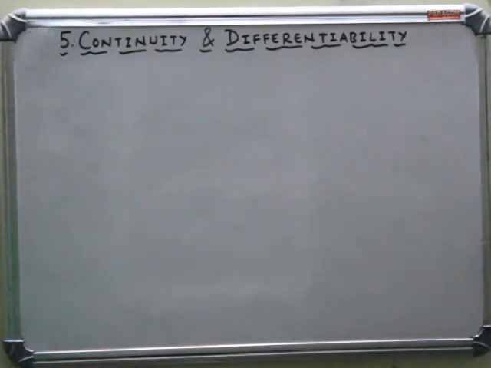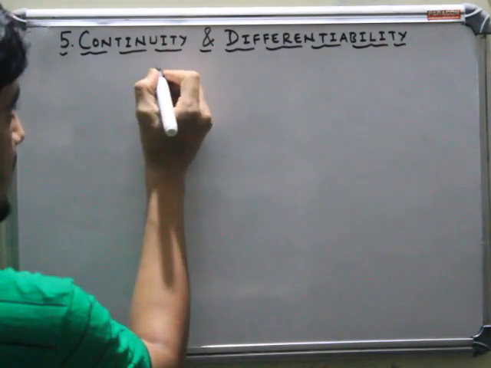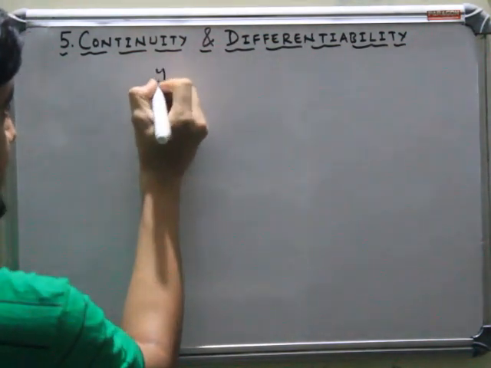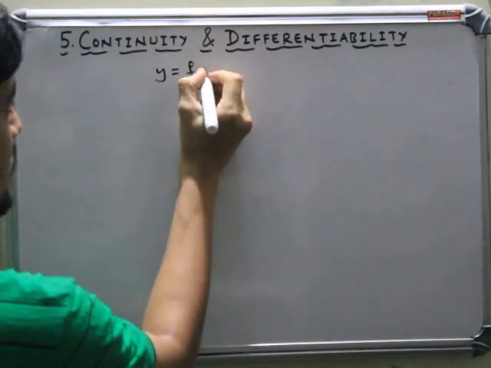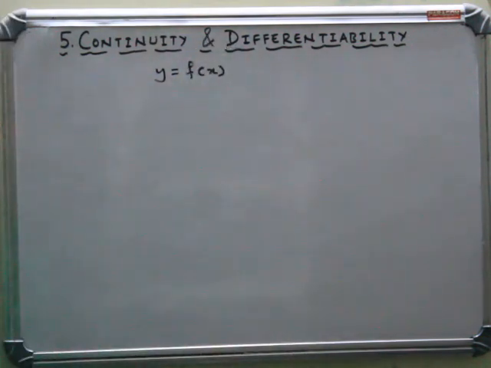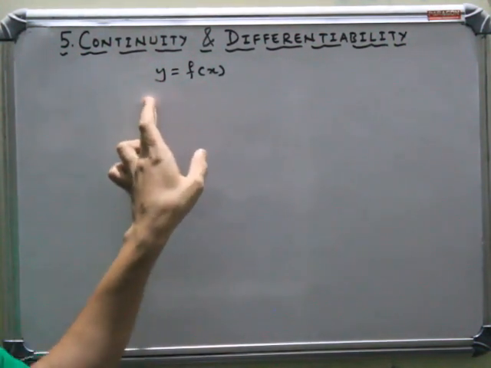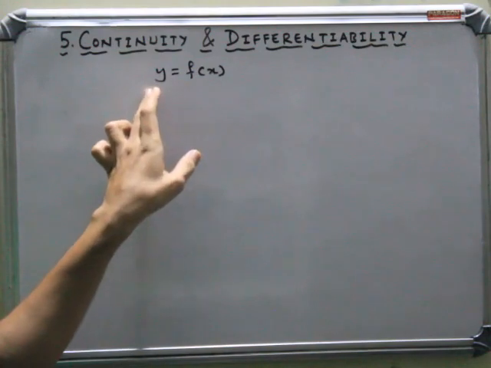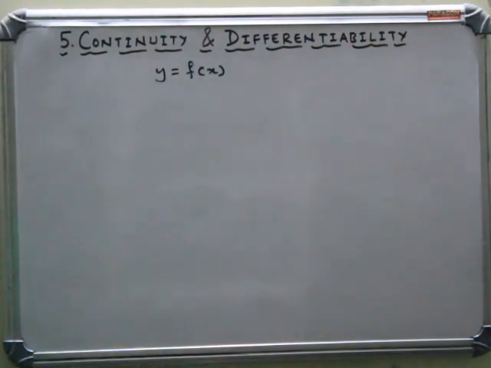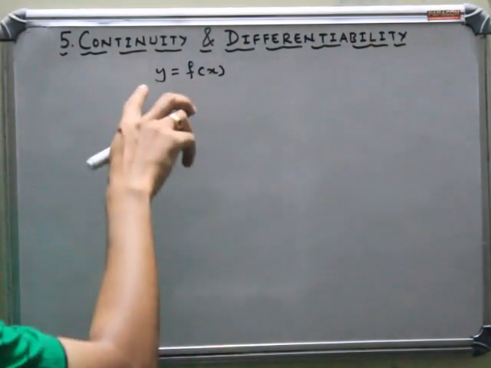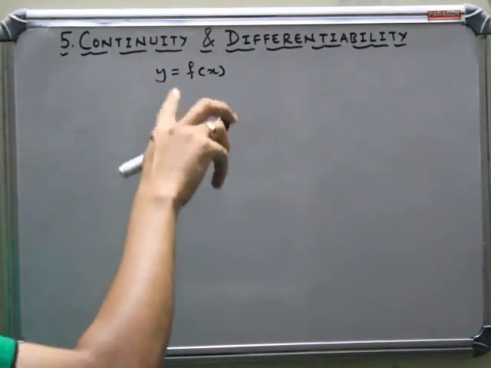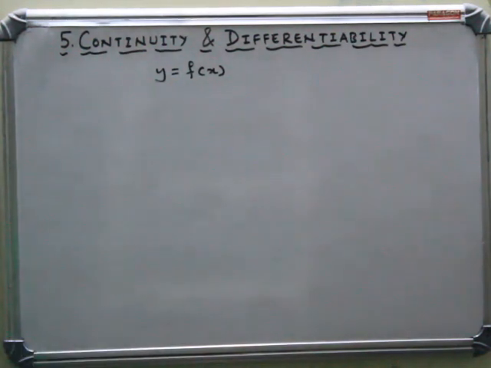We will start with something like this: y is equal to f of x. I am sure you all know the meaning of y is equal to f of x. Here it is nothing but y is function of x. This is a mathematical notation of saying y is function of x.